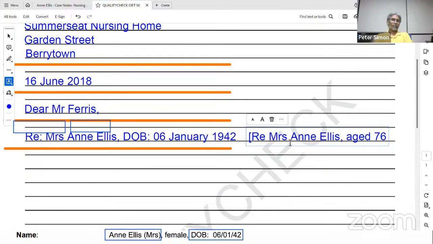Finished. So this is another option. If age is given, date of birth is not given, then you have to write like this. I have put it in the bracket, that's why. Okay, this is the alternative method.